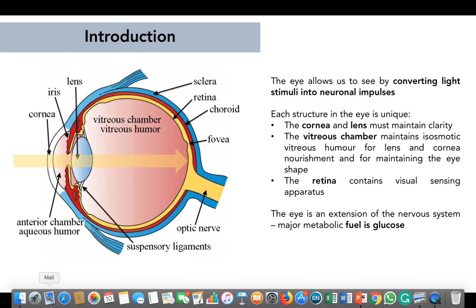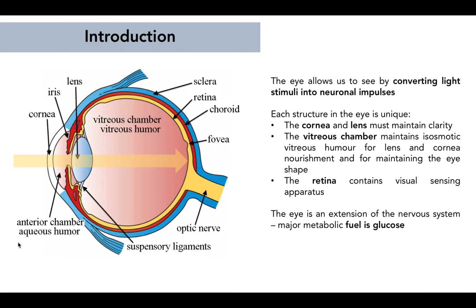The reason why it's really important to talk about the biochemistry of vision is that the eye allows us to see by converting light stimuli into neuronal impulses, and this is a largely biochemical process in which each structure of the eye has its own important function.